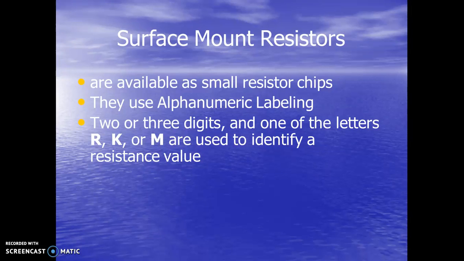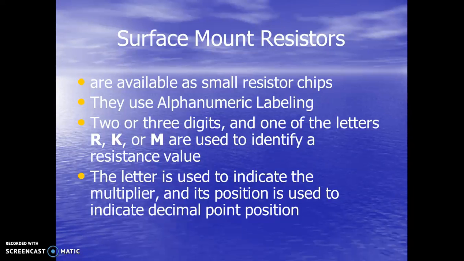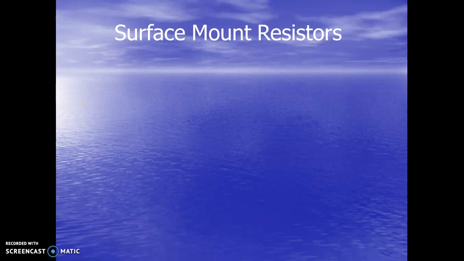They'll use 2 or 3 digits, where R indicates that the value is in ohms, K is in kilo ohms, and M is in mega ohms. The position of it as well will indicate the decimal point position.